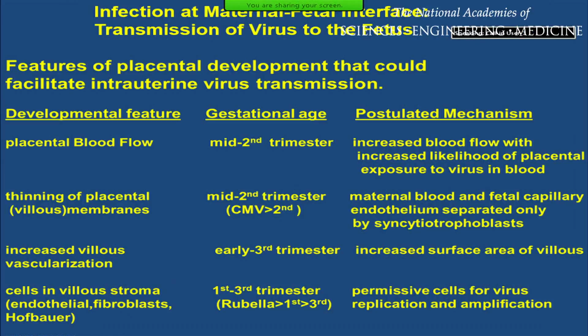This is again illustrated by the placental development that could facilitate virus transmission. Placental blood flow is incredible. By the mid to second trimester, 30% of the maternal blood flow passes through the placenta, therefore providing ample opportunity for any blood-borne pathogen to enter this space.